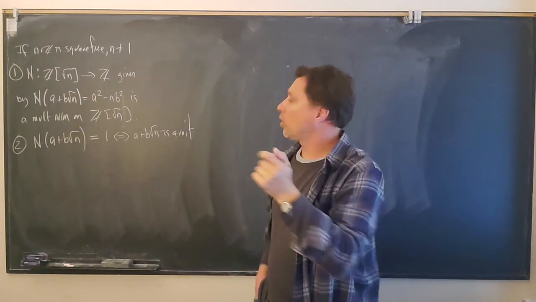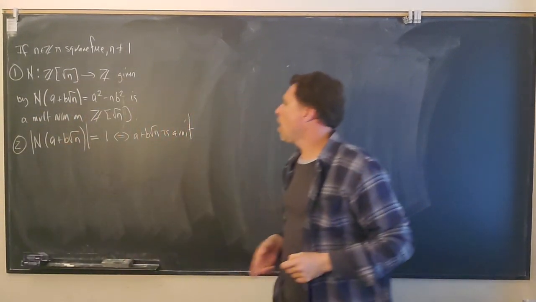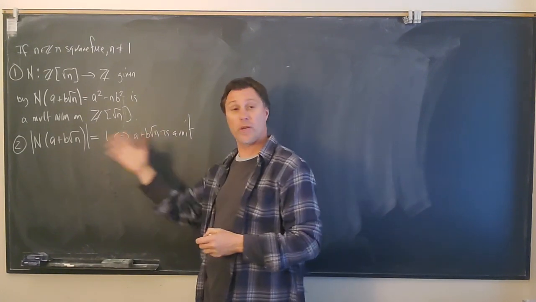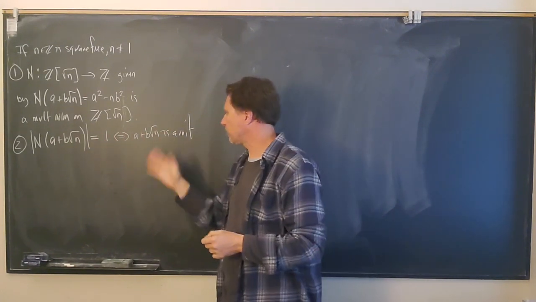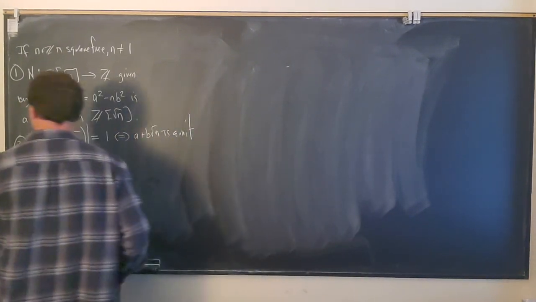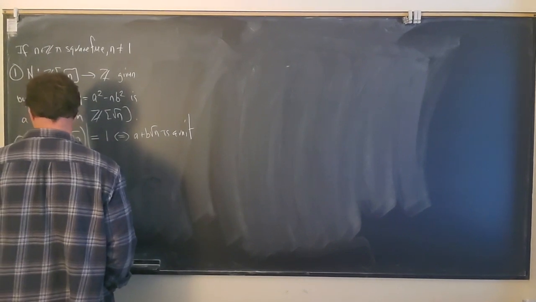A multiplicative norm always takes a unit to plus or minus 1, so we need the absolute value here.